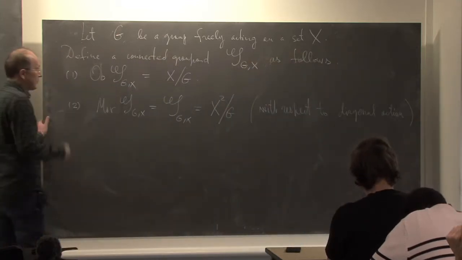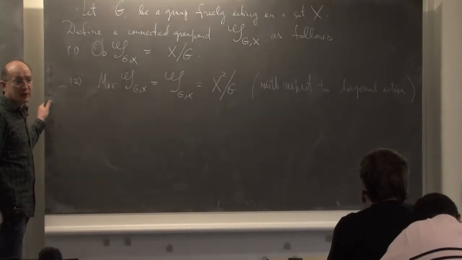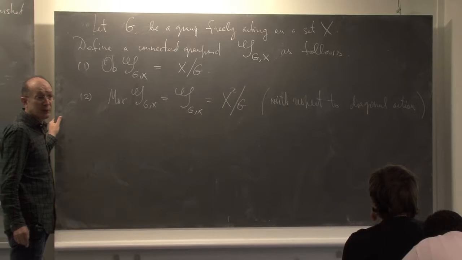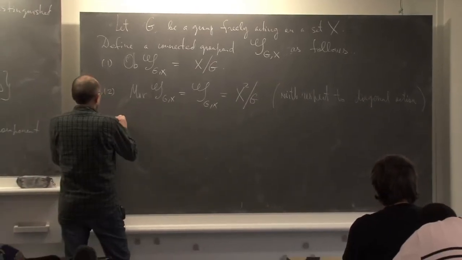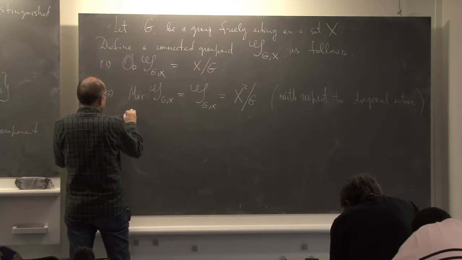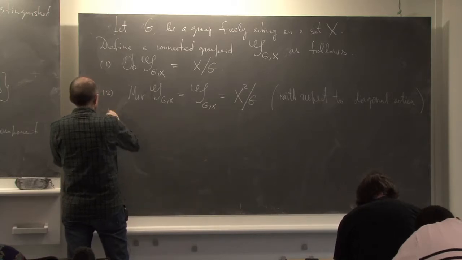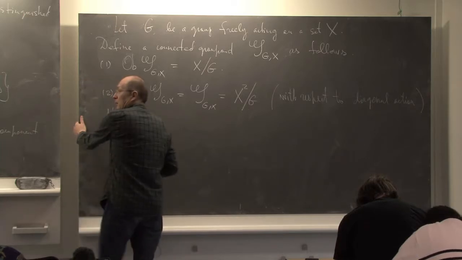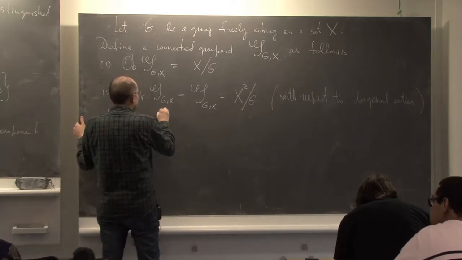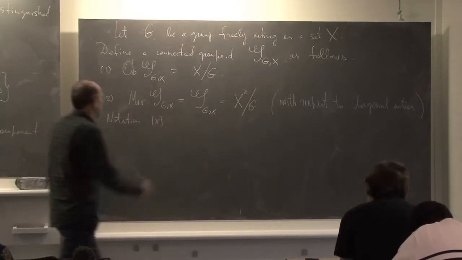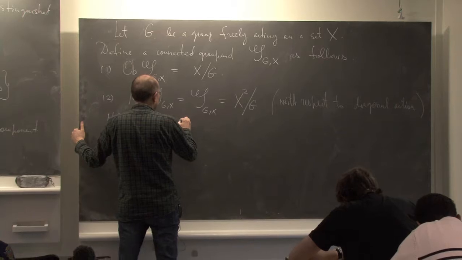Okay, so we have specified objects and morphisms, and now it remains to say when two morphisms are composable and what their product is. So, notation: we put x in square brackets to indicate the orbit of x. So this is Gx.